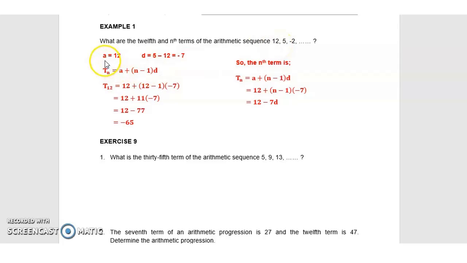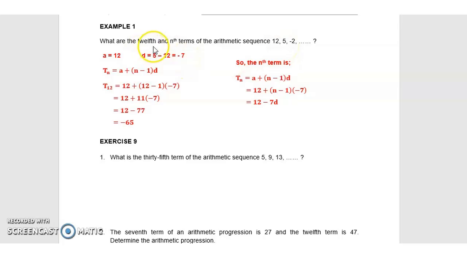So you write A equal to 12. When you have the first three numbers, we can find the common difference. 5 minus 12, we get negative 7. Or you also can find it based on T3 and T2. Negative 2 minus 5, also we get negative 7.